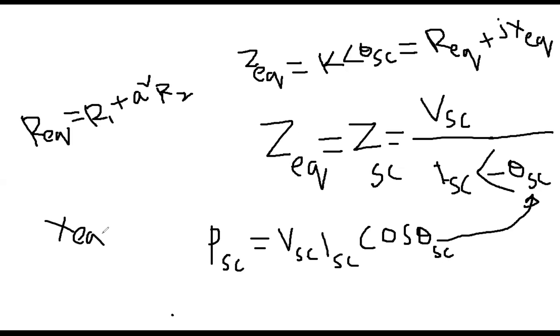X equivalent was X1 plus A squared X2. This is your X equivalent definition. Once you get these two values, what is your goal? Your goal is to find R1, R2, X1, and X2. This means from this short circuit test, you will be able to know these four parameters. And of course, A is the turn ratio. Definitely you will know the turn ratio of the transformer.